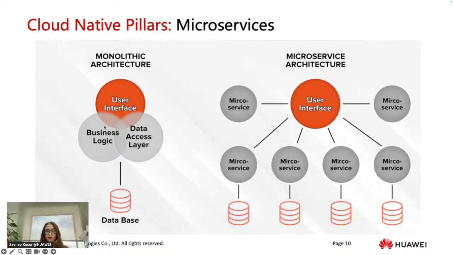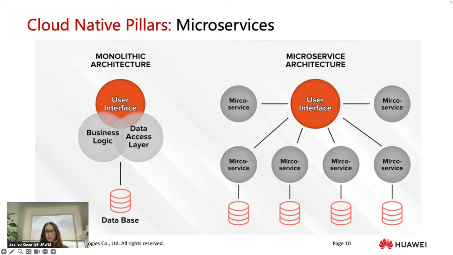If you need to update or change something, you often have to redeploy the whole application, which can be slow and risky. Just imagine you make a new update and then you have to redeploy it. Scalability is a challenge here. If one part of the application needs more resources, you have to scale the entire application, which isn't very efficient.